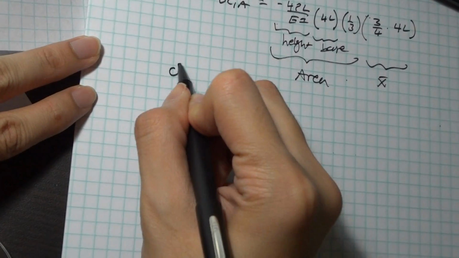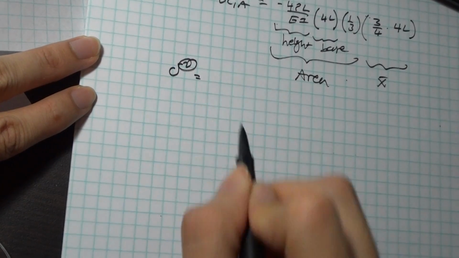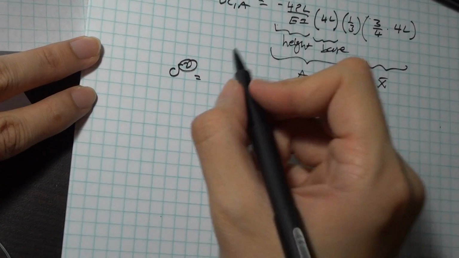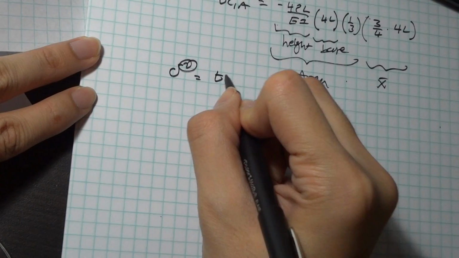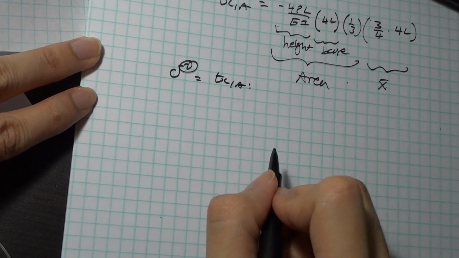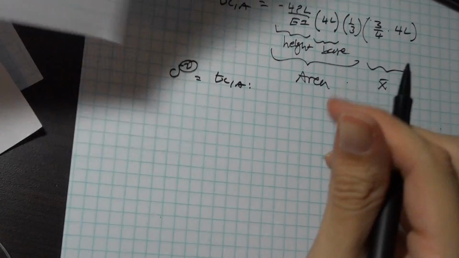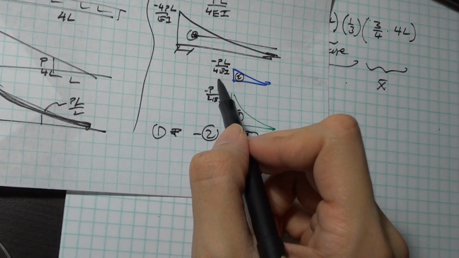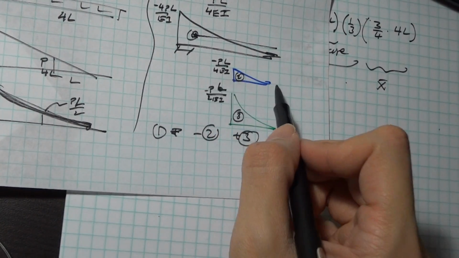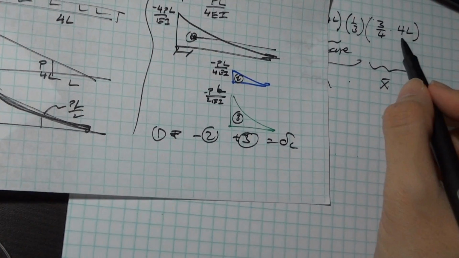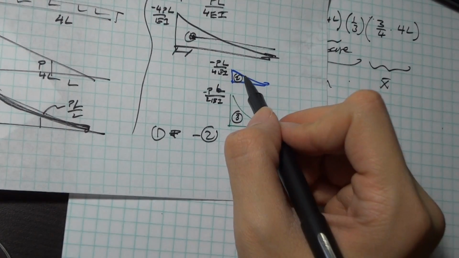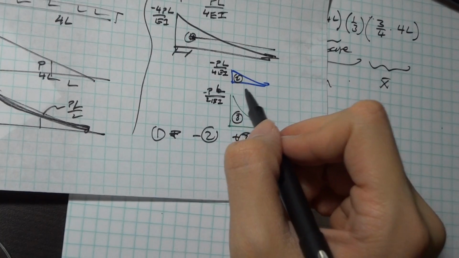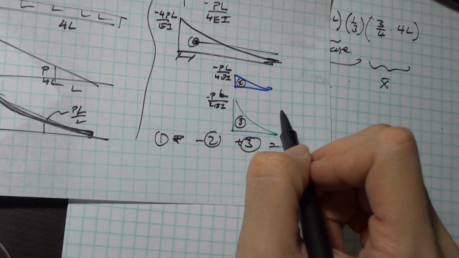Similarly for delta 2, I'm going to look at TCA. And I'm going to do the same thing, except some of these values are different. My height is now negative PL on 4EI. My base is now L. My centroid distance is 3/4 times L, not 3/4 times 4L. So those things will all change.